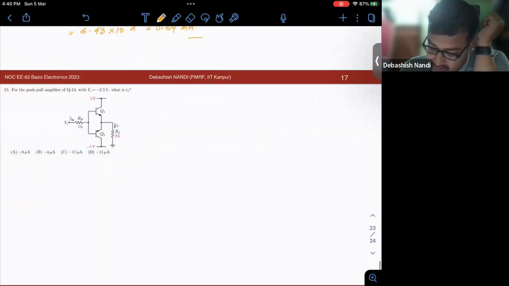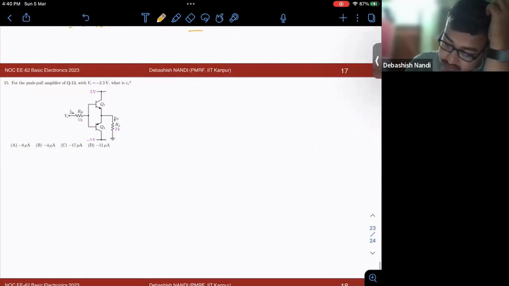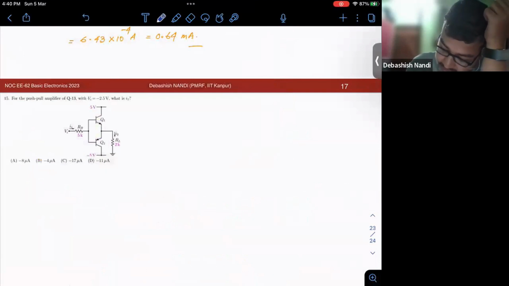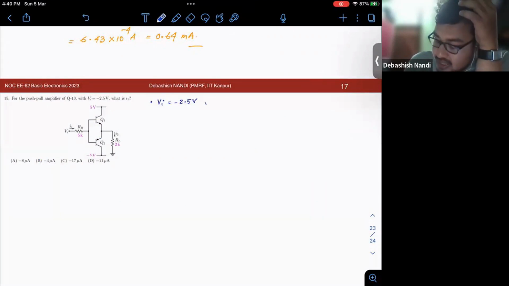Similarly, problem number 15. Same problem, but here VI is now minus 2.5 volt.